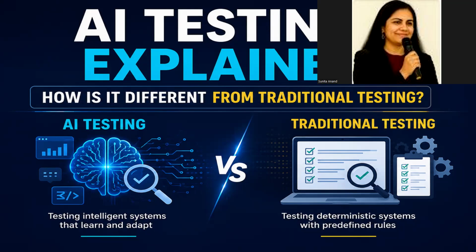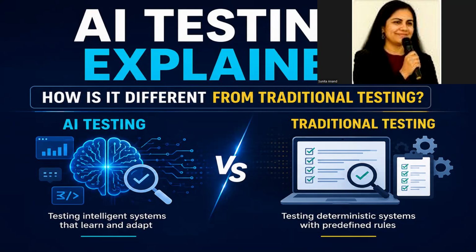I've also told you all that when we are using the terminology AI testing, we are going to use the word evaluate. So we are going to use the Python library DeepEval, that's D-E-E-P-E-V-A-L. DeepEval is a Python library which is extensively used to test our AI applications.